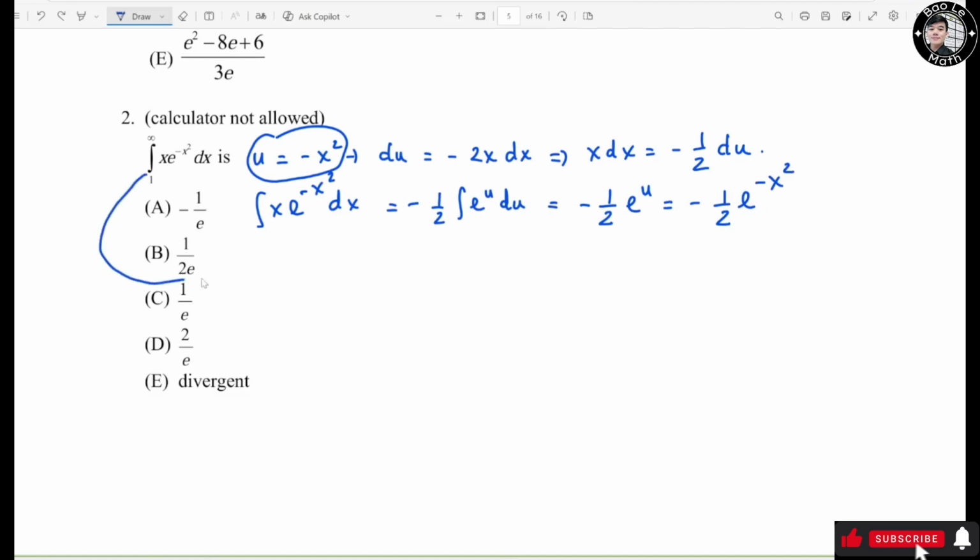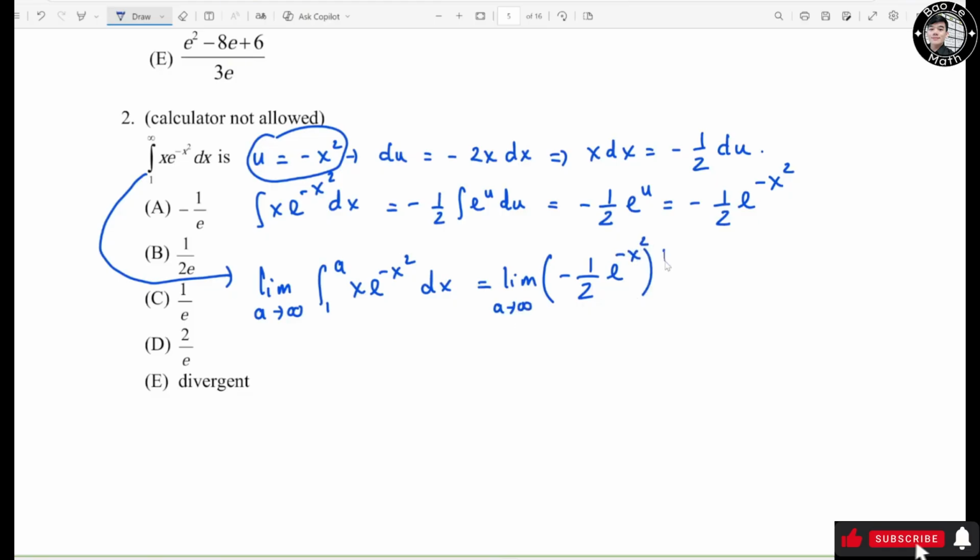This guy right here becomes the limit of the integral from 1 to a of s e to the negative s squared ds when a approaches positive infinity, equals the limit of negative 1 over 2 e to the negative s squared evaluated from 1 to a.